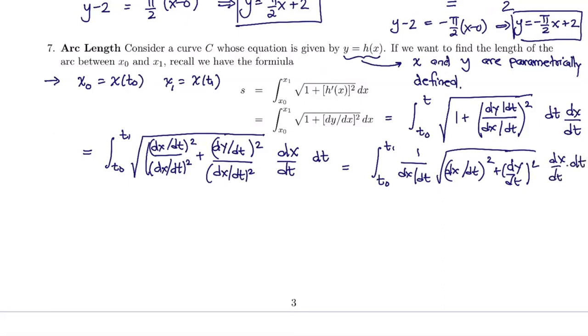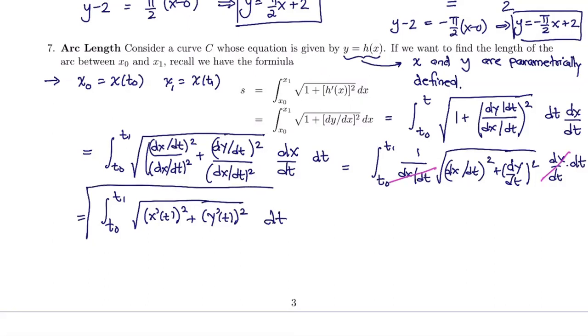And amazingly, we can see that the dx dt's are going to cancel each other out. And so we will end up now with the integral from t0 to t1 of the square root of, let's write this as x prime of t, the quantity squared, plus y prime of t, the quantity squared, dt. And this is your formula for finding the arc length of a parametrically defined curve.